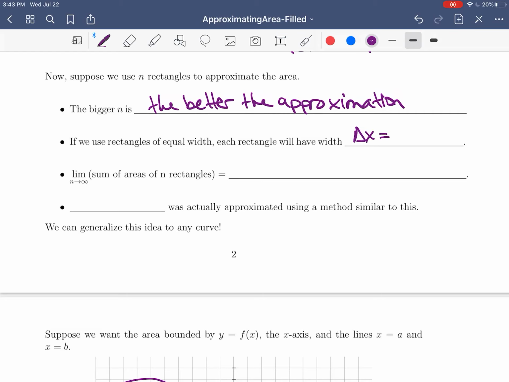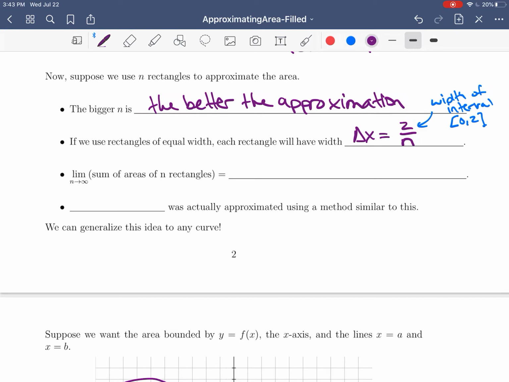For this example, it's going to be 2 divided into n bits. So 2 is the width of the interval from 0 to 2, right? That's the one we were working on. So it's that width divided into n parts.